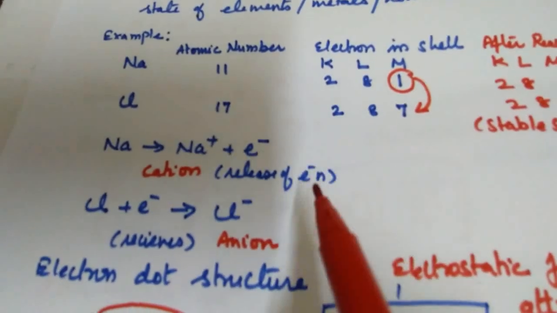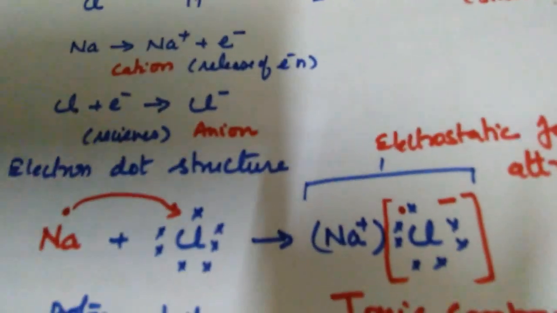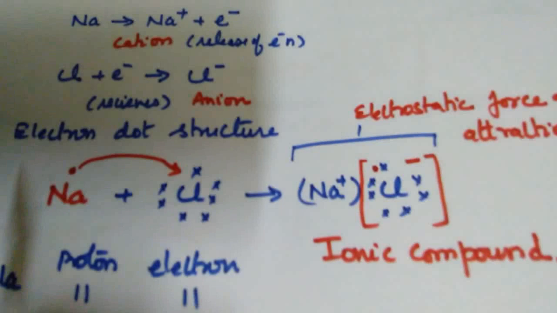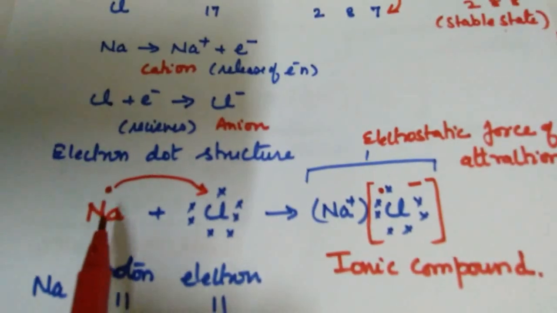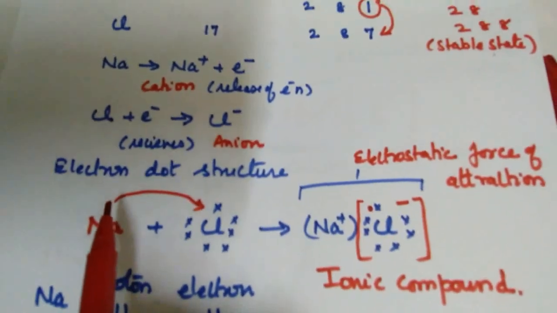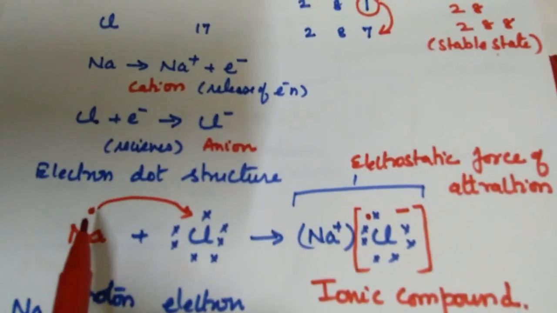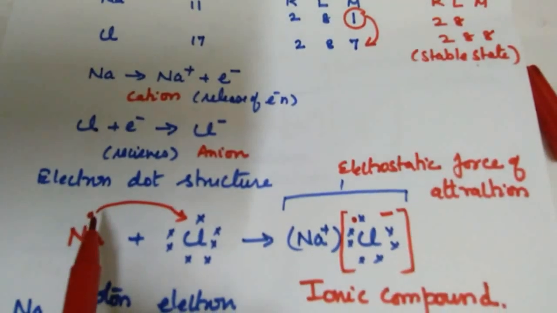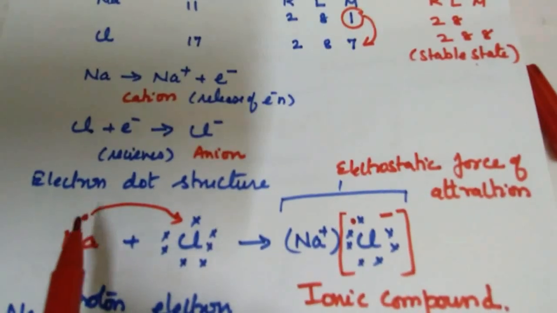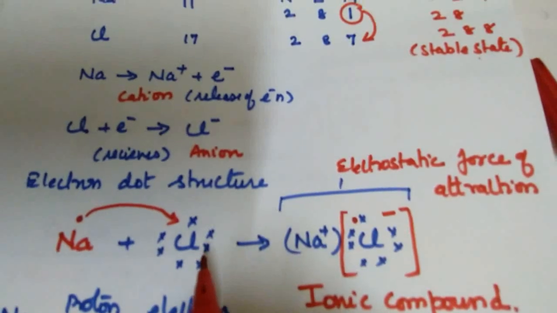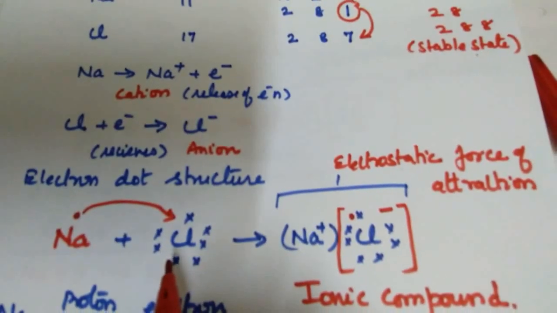We can express this in electron dot structure. Only the outermost electrons are represented. Sodium in the M shell has 1 electron, shown as a dot, and chlorine in the M shell has 7 electrons, shown as dots.